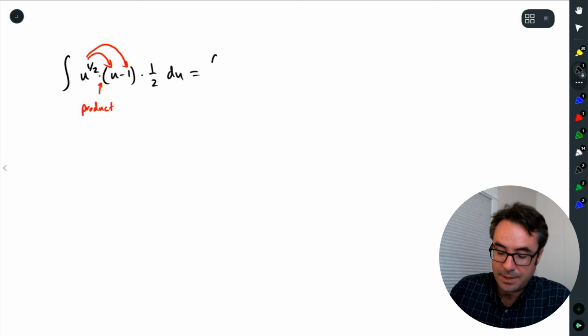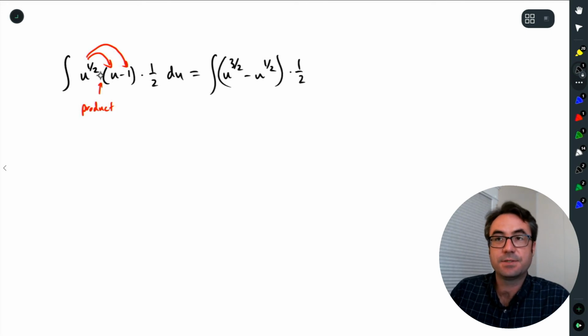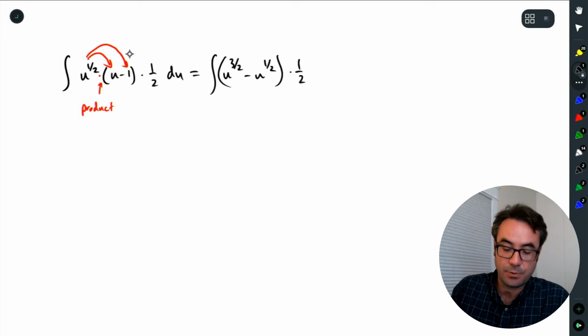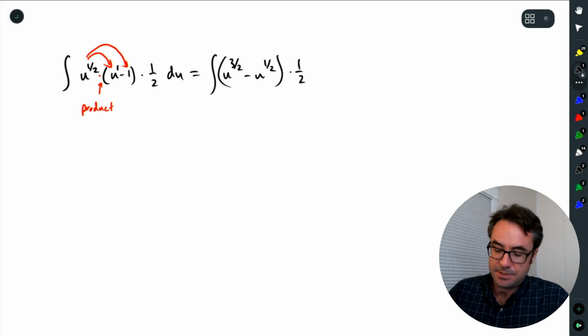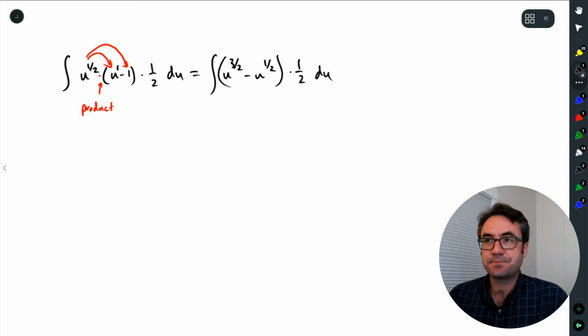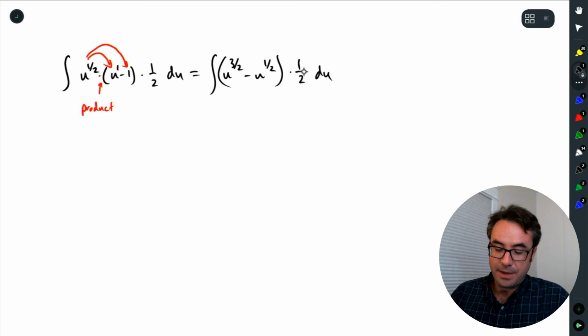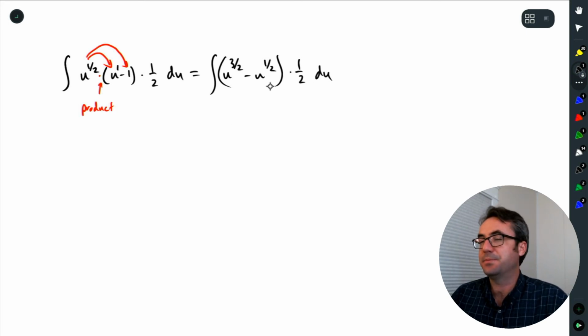So when we do that, we get the integral of u to the 3/2 minus u to the 1/2. Remember, we add exponents, so there's kind of a hidden exponent of 1 right here, and then we add the exponents to get 3/2. And don't forget the differential at the end. And now that 1/2, while we're at it, what do we want to do?